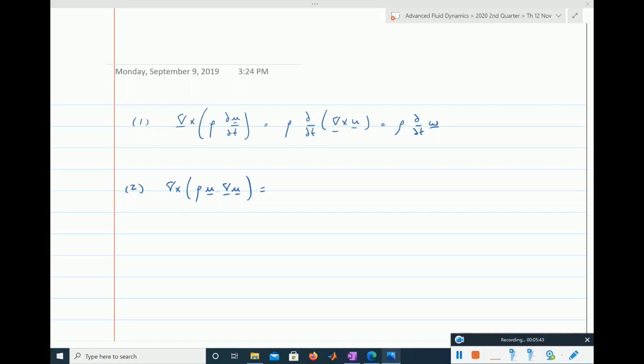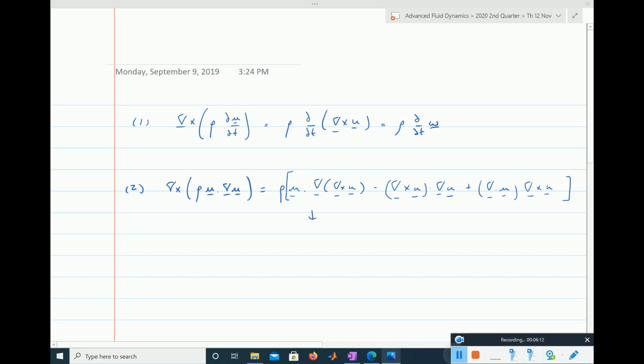You can go into Wikipedia and look for how you do these derivations. Those are just compositions of differential operators, so I'm not going to go into the details. I'm just going to write directly what this is equal to. The density is constant, so it remains out, and you can expand this term as the sum of all of these terms. Let me take these one by one.